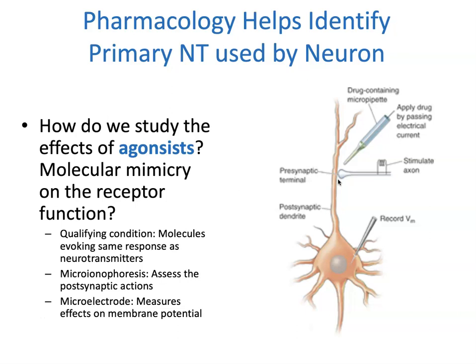They can act in a competitive way, where they bind to the same receptor that the neurotransmitter would bind to, or they can bind non-competitively at some other site, either on the receptor or somewhere else along the axon, and somehow affect the postsynaptic membrane so that the neurotransmitter is not capable of binding to the receptor. Either way, whether you use agonists or antagonists, first of all, you're trying to identify what neurotransmitter is present at this particular synapse.